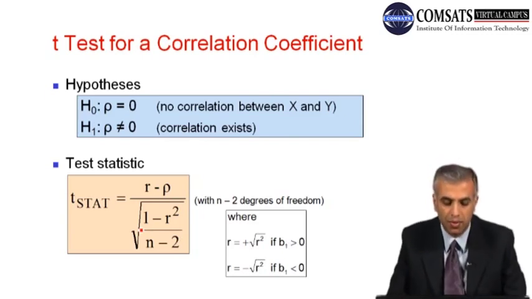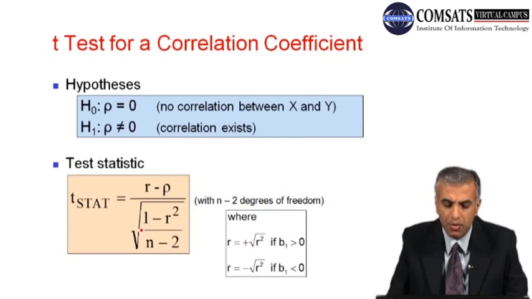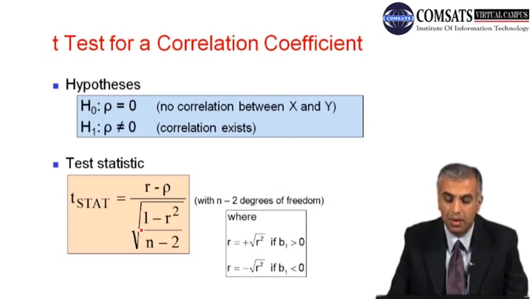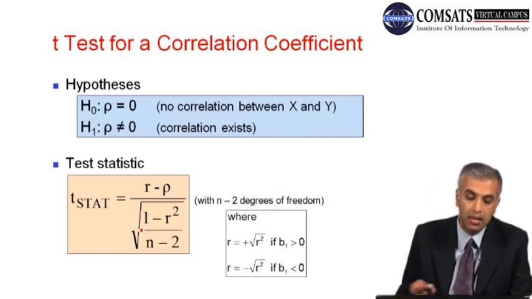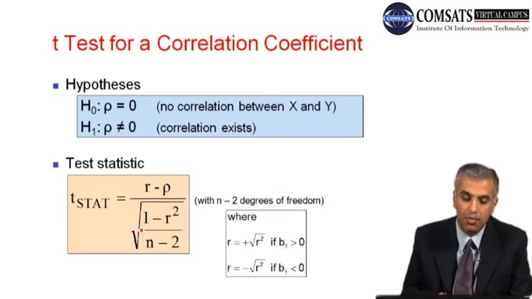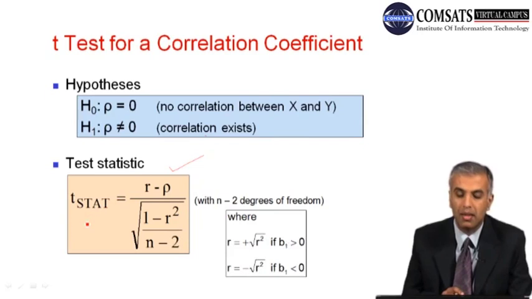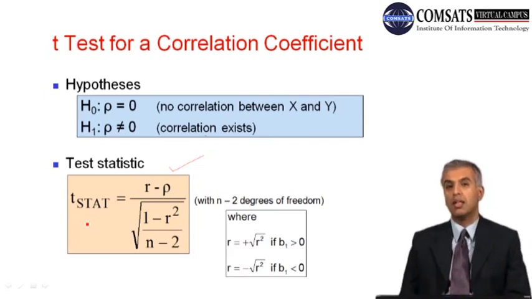Again, in terms of correlation, the formula is different, which you can see here. And likewise, you can see that we have the degrees of freedom as well. This is a standard procedure to test any kind of hypothesis.